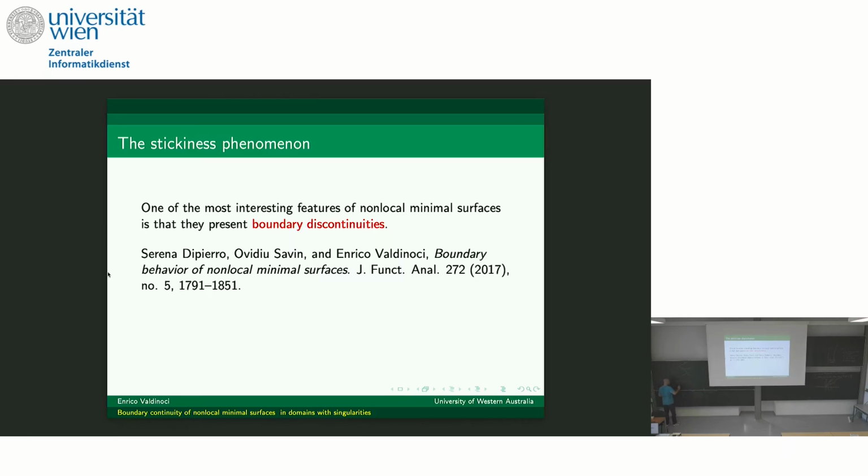So the integral over R^n of the characteristic function of the complement minus the characteristic function of E, over |x - y| to the power n + 1 + s in this notation, is equal to 0.